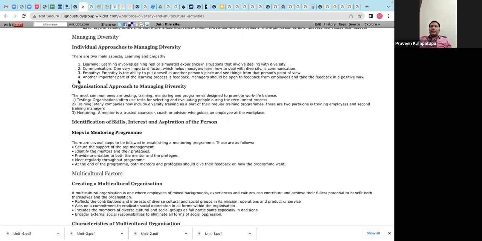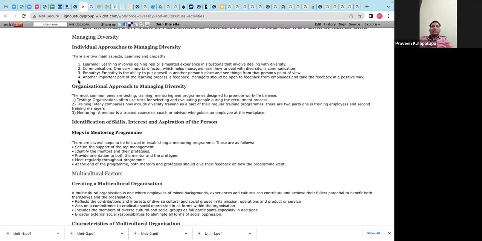These are some of the important things from the individual's point of view. A manager should also be open to feedback and take it positively. If you are a manager who wants to understand diversity, you should listen to people well and take the feedback.